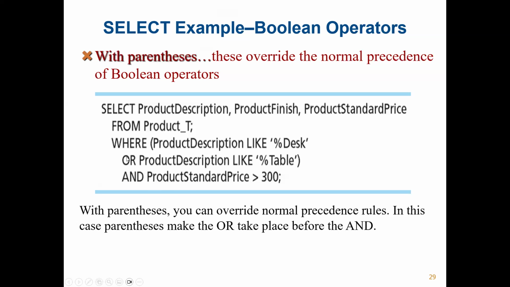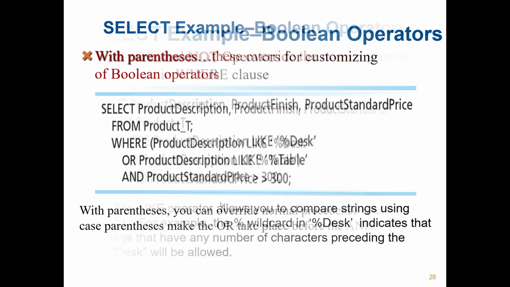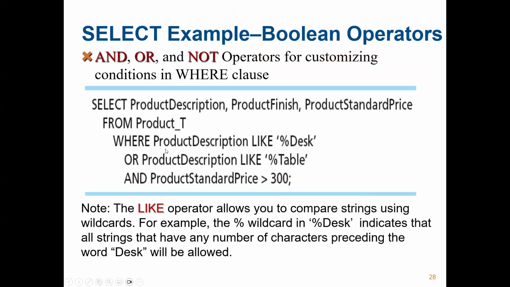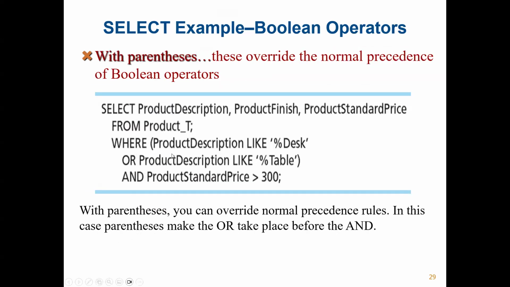So in the precedence, AND comes before OR. So if we have it like this, this will still work because we're going to check this condition. But again, this is better in the sense that we are going to execute this section first before this section, instead of executing this section first before these two sections.